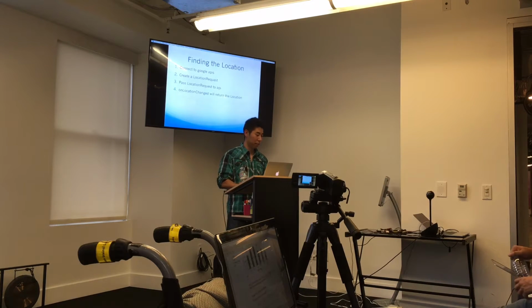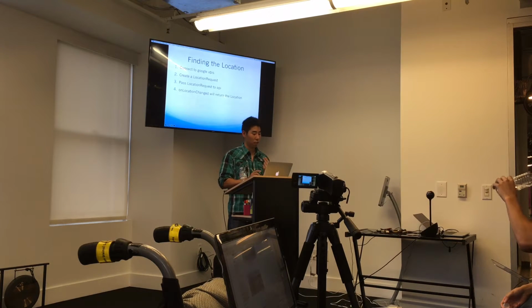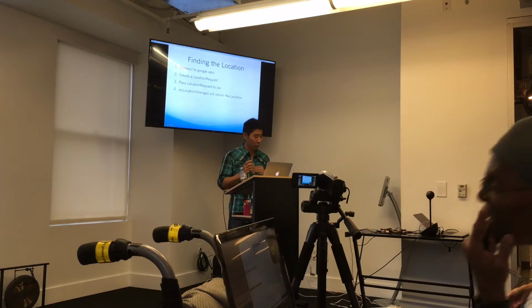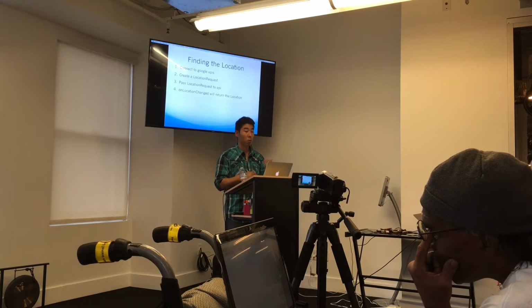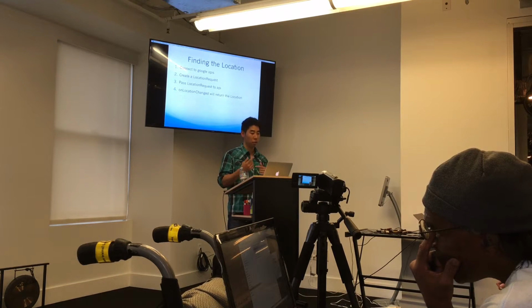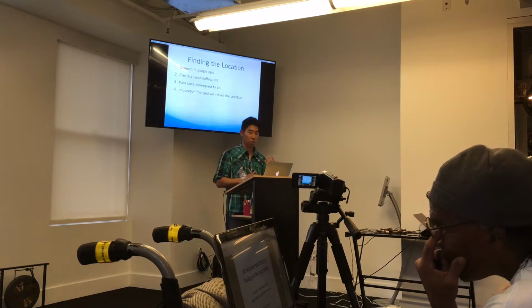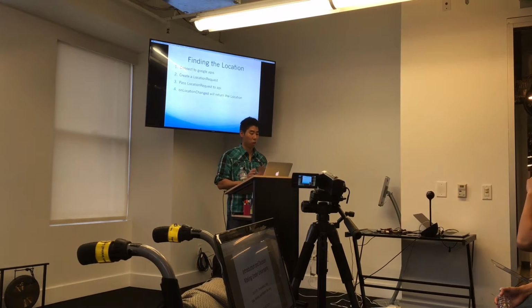Then there is connecting to the Google APIs, creating a location request. You pass that location request to the API, and then it will call onLocationChanged whenever the location changes, and in that callback is where you get your actual location. You get the longitude, latitude, and do all kinds of stuff with that.